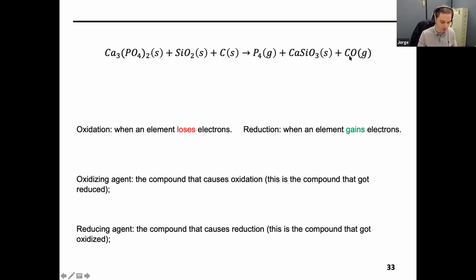I'm going to give you about 3 minutes, and then we will do it together, and then we are going to classify when an oxidation or reduction is happening, oxidizing and reducing agents, and I will show you how to balance the reaction using the variation of the oxidation numbers. So a quick 3 minutes, and then we will do it together.